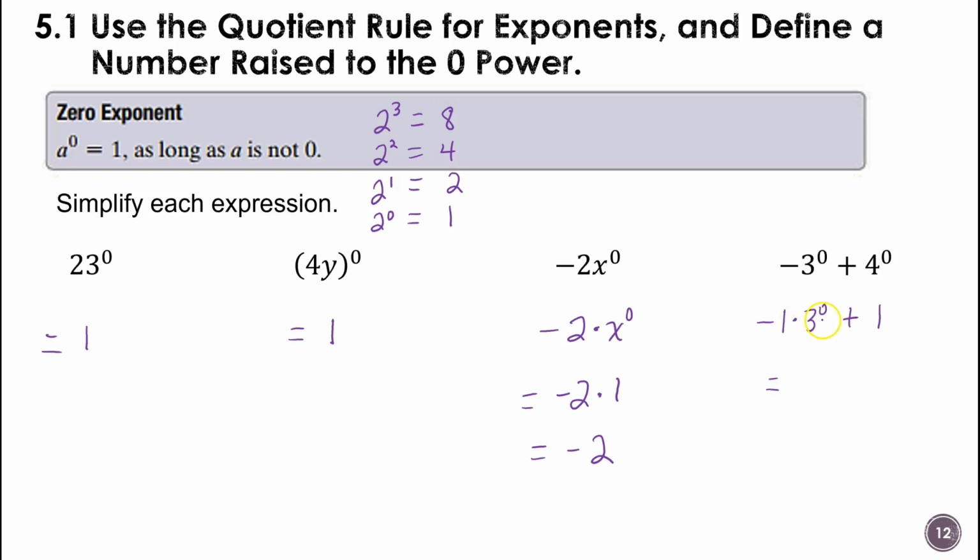So this is just negative 1 times 1 plus 1. Negative 1 plus 1 is 0. I went a long route here just to explain that. 3 is the base, and 3 is to the 0, but it's negative, so we have to take that into consideration.